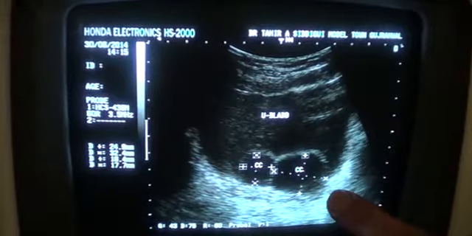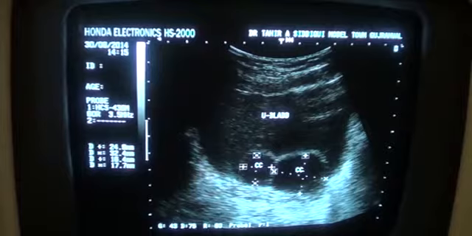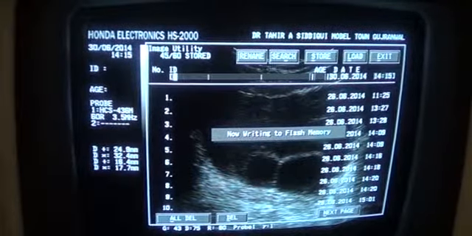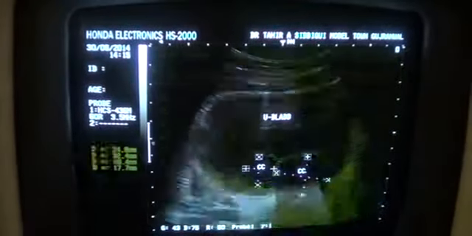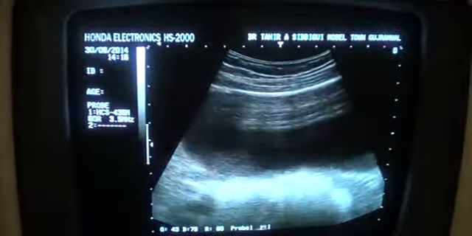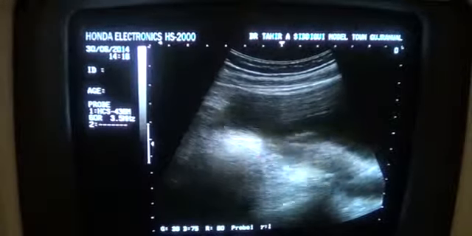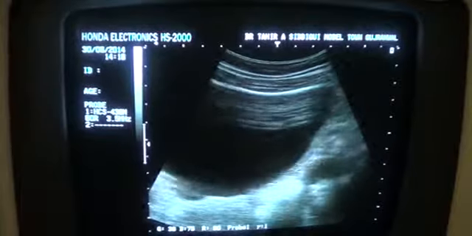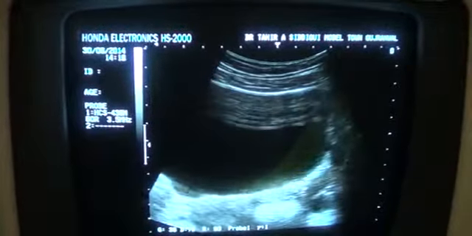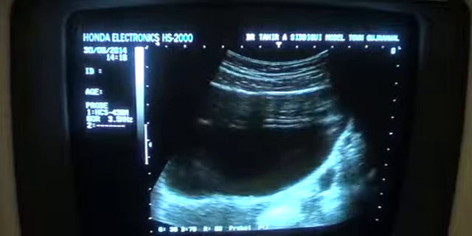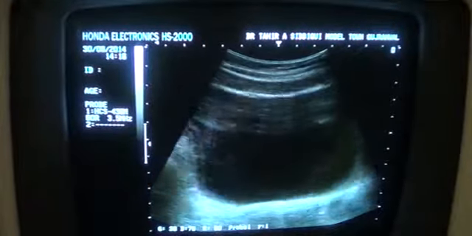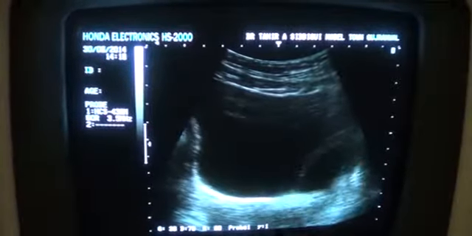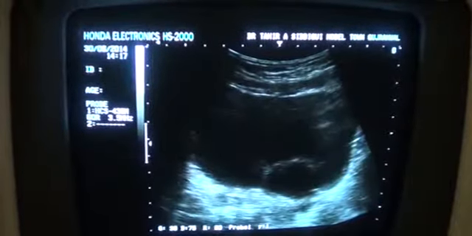It is at the ureterovesical junction, left ureterovesical junction, and this is the cause of hydroureter as well as dilated pelvis. But there is no hydronephrosis seen. The reason being that there is ectopic insertion of the ureter, sorry, in the kidney.